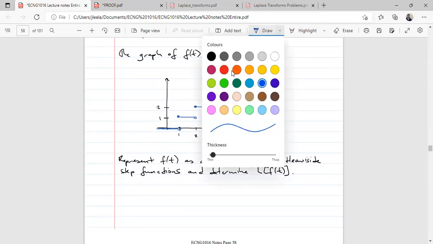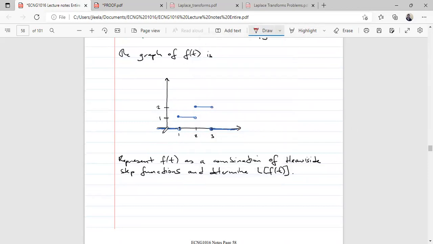I'm going to use a different color here. So here the graph is defined to be 0. Here the graph is defined to be 1. Here the graph is defined to be 2. And here is defined to be 0 again, right? So it's piecewise defined.